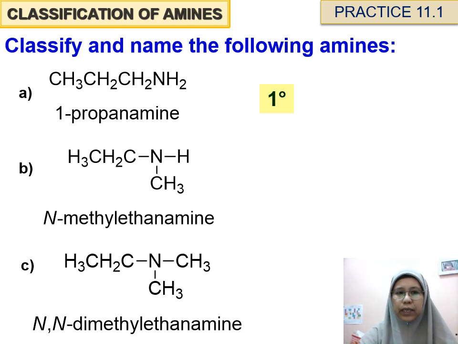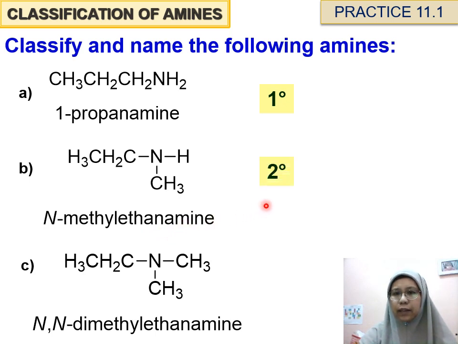The second one has a methyl group attached to N and an ethyl group attached to N. So ethyl is the longest chain. We are naming it ethanamine. So a substituent is attached to N. So N-methyl ethanamine.